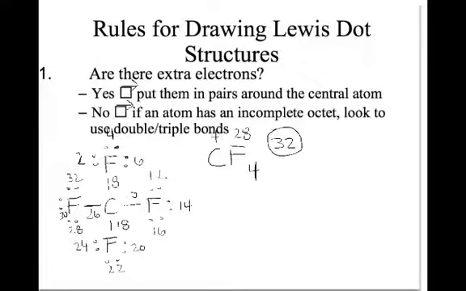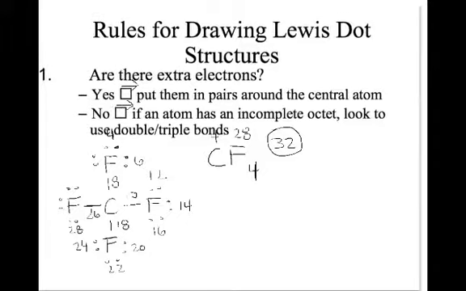And now let's take away the numbers so that it's not quite so crowded. And we can ensure that each atom is stable with 8 valence electrons. We accidentally erased one there.